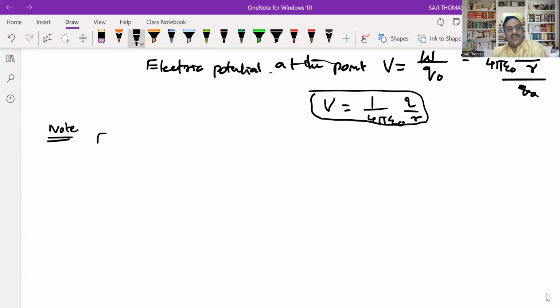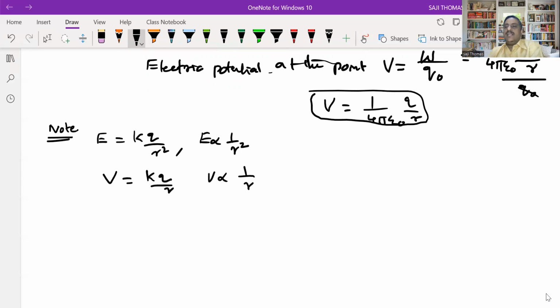You know the equation for electric field, E equals kq by r square. E is proportional to 1 by r square. And V, now you obtained, kq by r. V proportional to 1 by r. See the relation. Electric field is inversely proportional to square of the distance. Power of r is 2 in the denominator. Electric potential is inversely proportional to r.